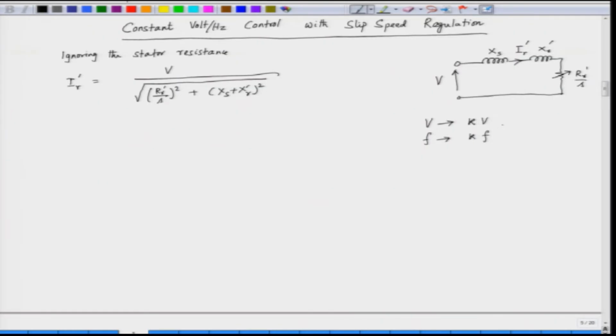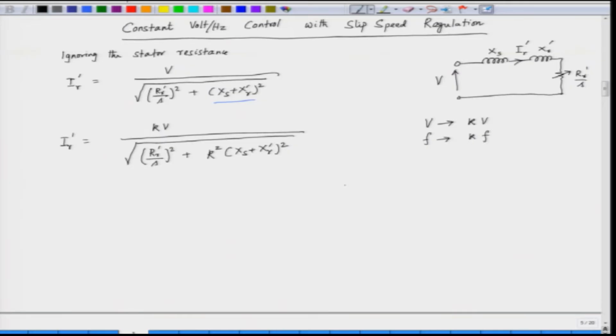So, if we replace V by kV and f by kf, we get the rotor current equal to kV divided by under root of Rr by S whole square. We have the reactances here, and these reactances will have the frequency term, so the reactance will be multiplied by k, giving k square into XS plus XR prime whole square.